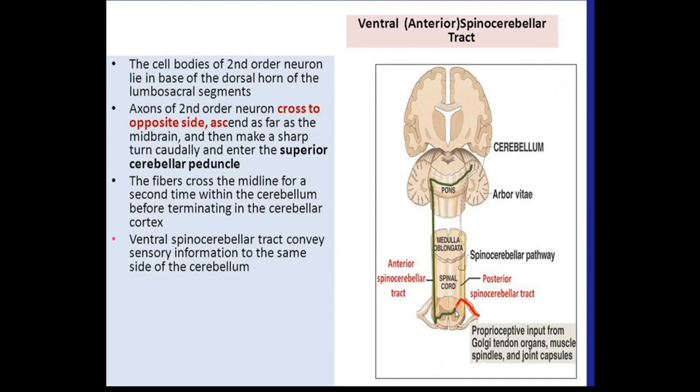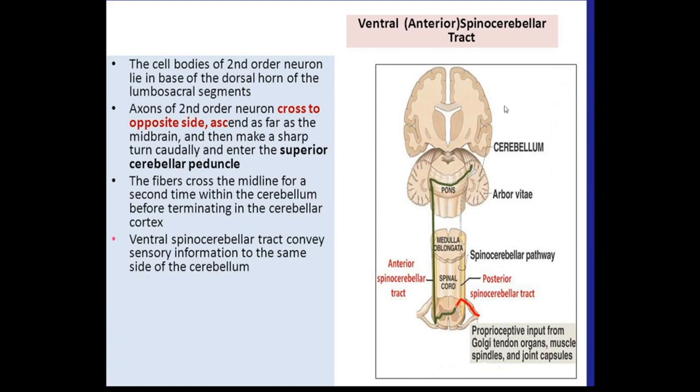Axons of this second order neuron cross the midline to the opposite side and then form the anterior ascending spinocerebellar tract up to the pons, and then with the crossed superior cerebellar peduncle cross the midline again, and this tract goes from the opposite to the same ipsilateral side again and terminates on the ipsilateral side of the cerebellum.